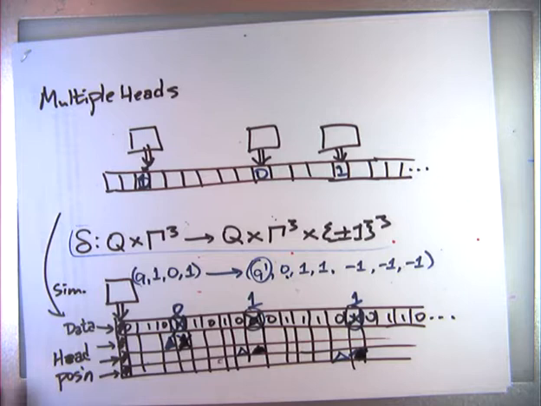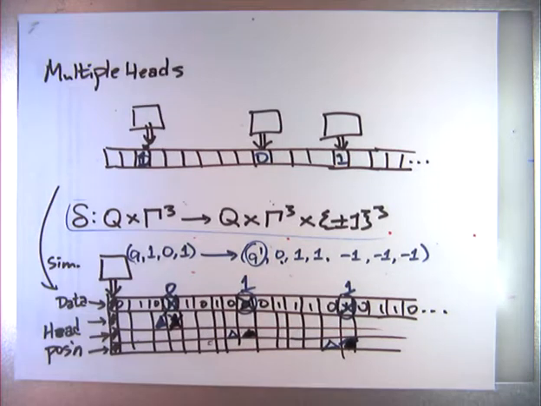Now, once I have this kind of simulation, for reasoning about what I can compute, I may as well assume that my Turing machine has multiple heads. I should allow myself to design Turing machines that have multiple heads, and then I can reduce them back to the original model by applying this mechanical back and forth scanning stuff.